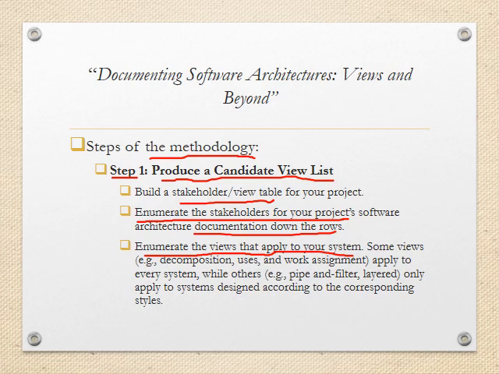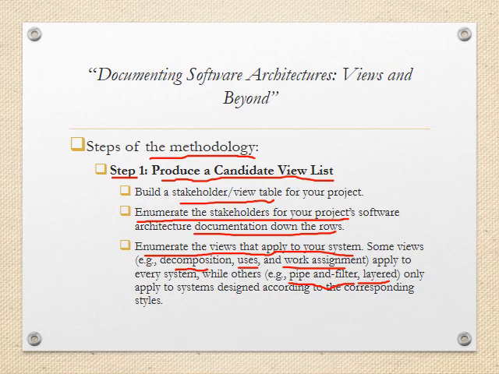Some views, for example, the decomposition, uses, and work assignment, apply to every system, while others like the pipe and filter and the layered only apply to systems designed according to the corresponding styles.